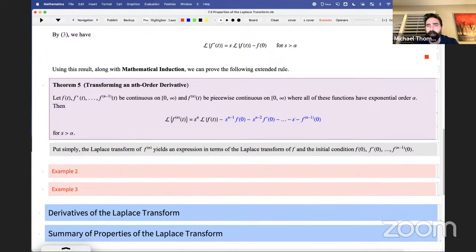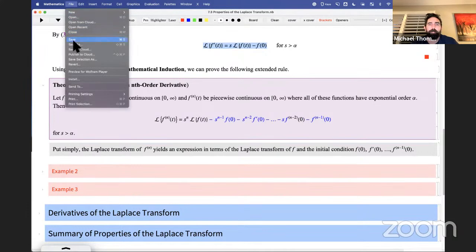There'd be an s in there, an f to the n minus 2. Just so you can identify the pattern. And by the way, this is just a special case of that. It's just the case where n is 1. All right, so play around with that.